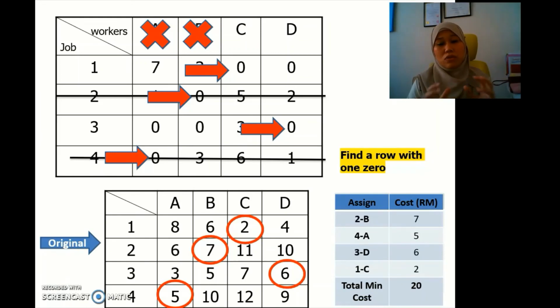During the cross out, we have intersections and uncovered numbers, so be careful on that. And at the end, when we can cross out all the zeros with fewer lines than the number of rows, we have to stop and start assigning the jobs and workers, and then read from the original table to get the total cost.